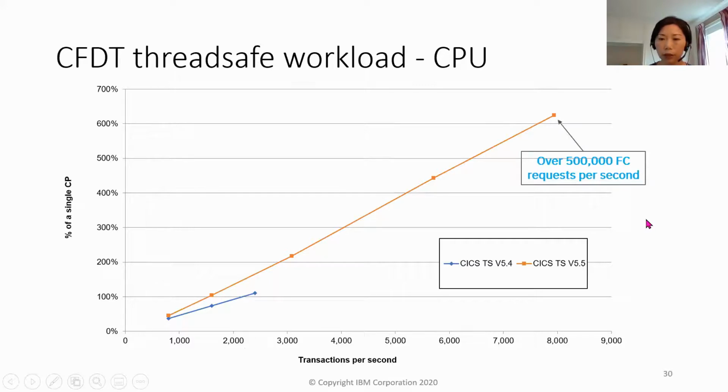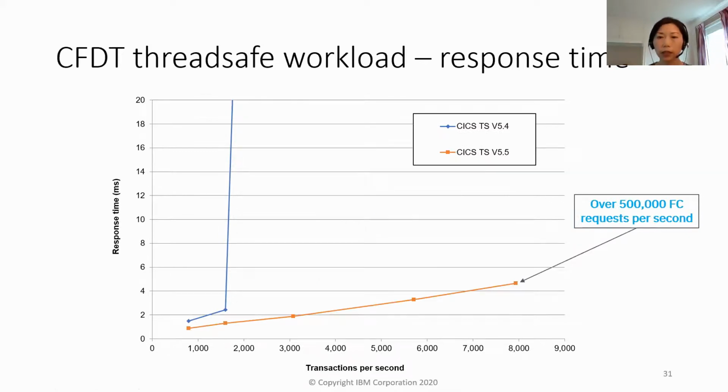So at that point, we are doing 500,000 file control requests per second with this thread-safe workload. Again, we also looked at the response time. So around the 1,800 transactions per second rate, with the non-thread-safe CFDT workload, the response time shot up because of the need of the QR TCB.